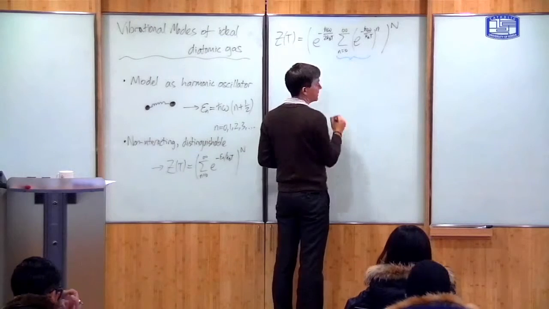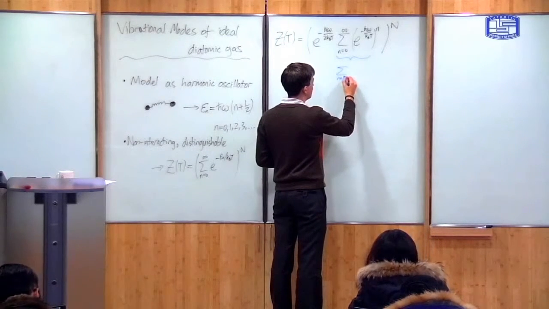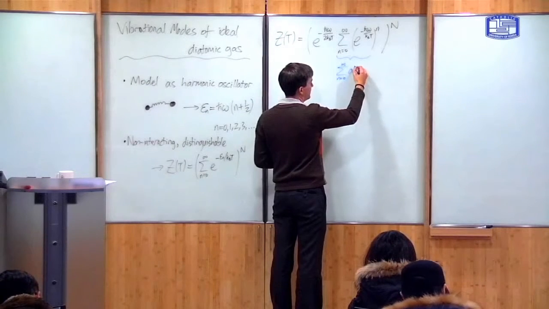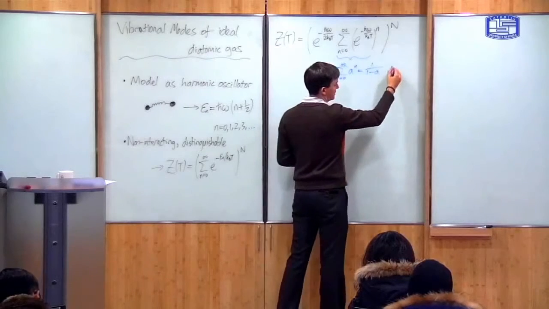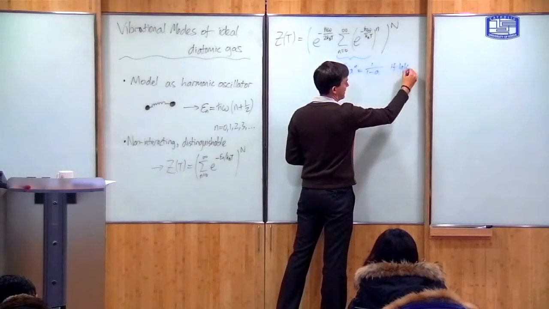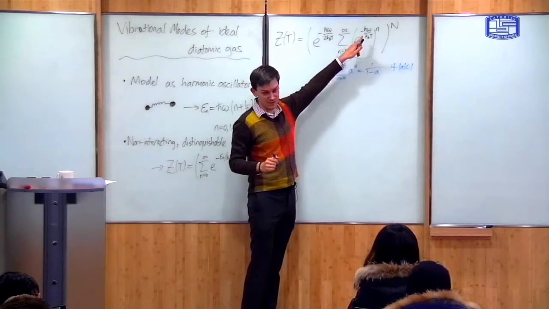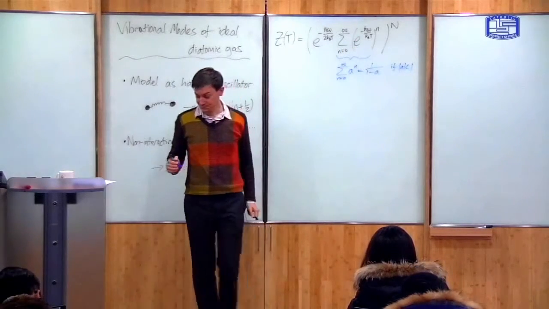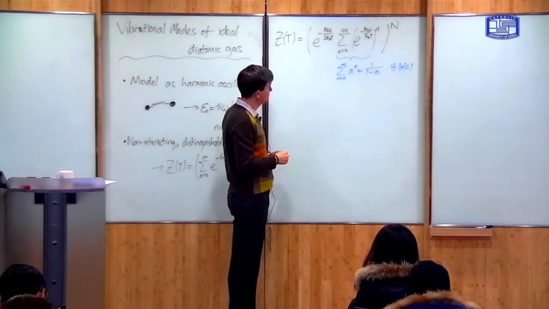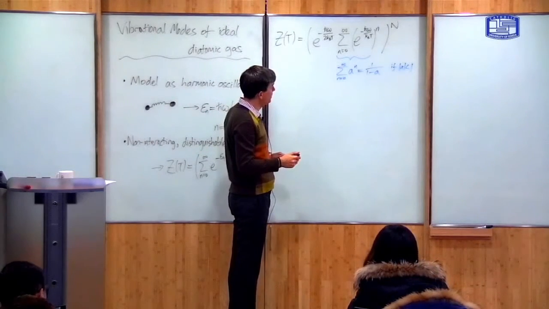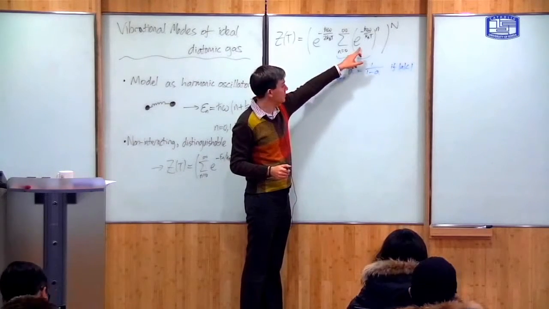The result for sums like this I wrote down last week, I think. The sum n goes from 0 to infinity of some number a to the power n is equal to 1 over 1 minus a, provided that the size of that number is less than 1. Which in this case it is, because it's a negative exponential. So in this case, a is just this Boltzmann factor.